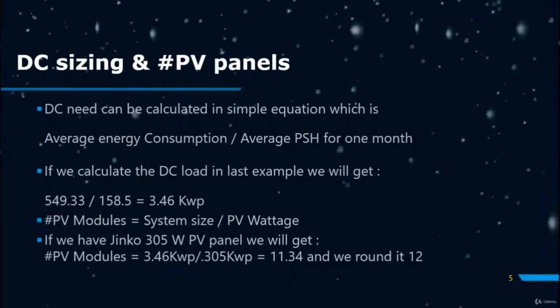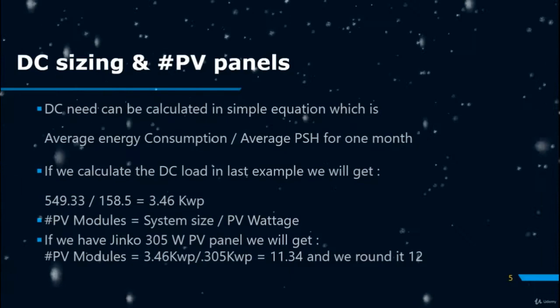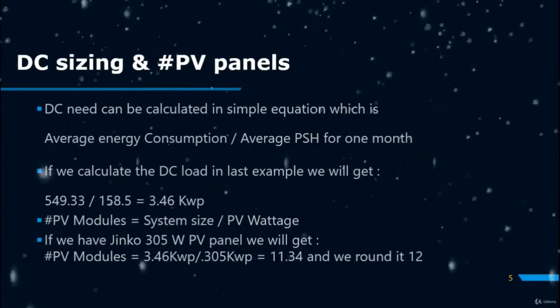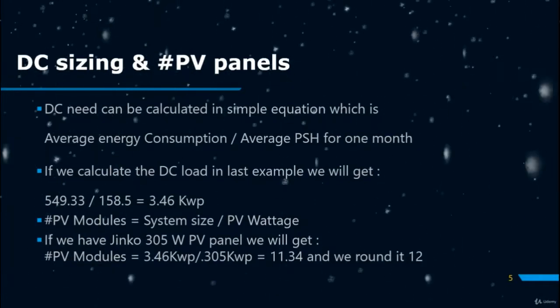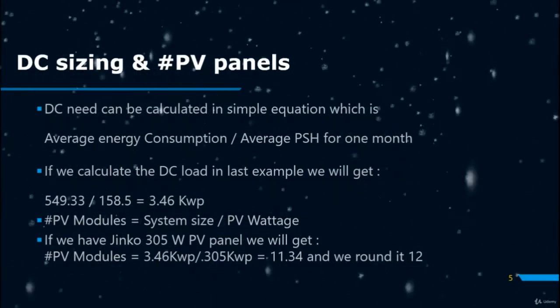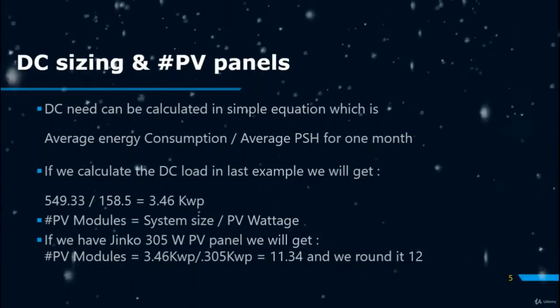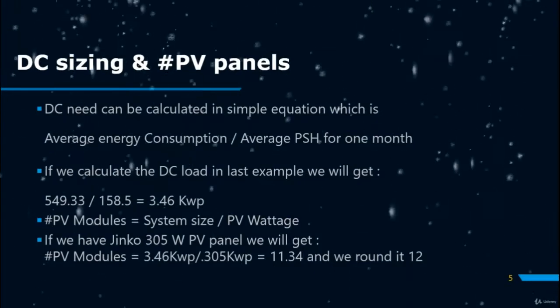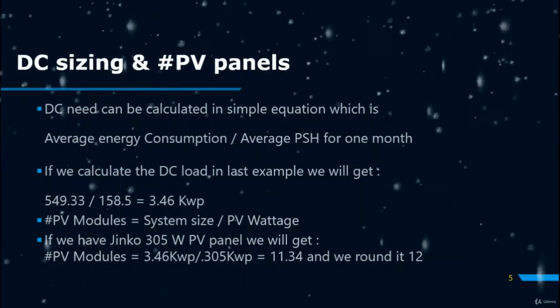So we get 11.35 panels and we round it to 12. Okay, so we estimate the average energy consumption and get the peak sun hour for a month, and then divide the average energy consumption over the peak sun hour to get the DC need, and the number of PV modules equals the system size over the PV watts.